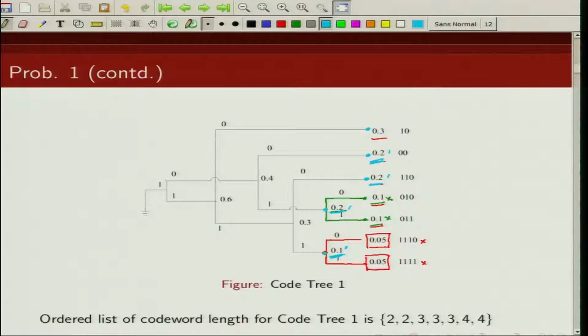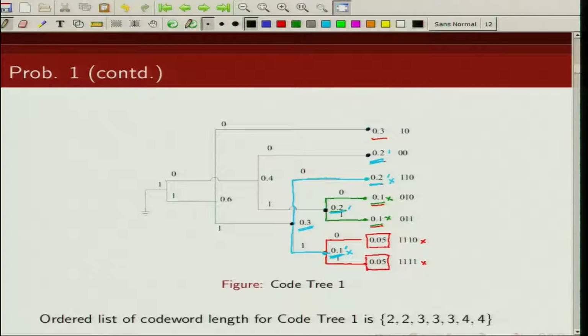In this example, I'm just combining with this one. I get a new node whose probability is 0.3, and I deactivate these two nodes. So at this point, my active nodes are these four.